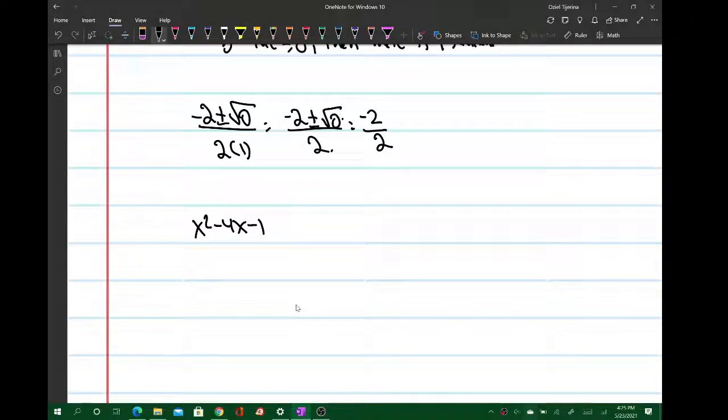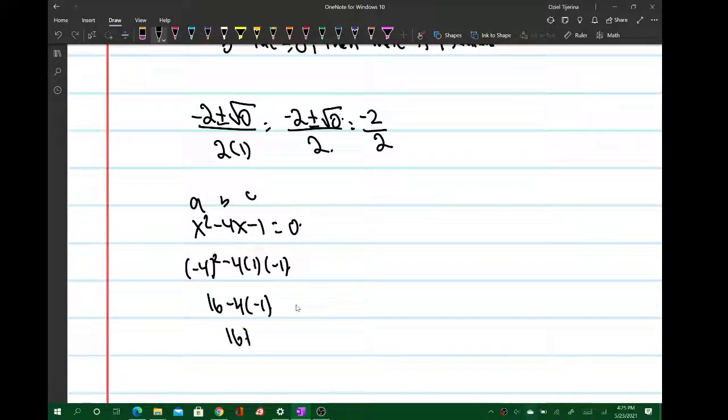I went over this in my college algebra playlist, so that's why I'm going over this extremely quickly. If we do b squared minus 4ac for this one, we have negative 4 squared minus 4 times 1 times negative 1. I get 16 minus 4 times negative 1. This is 16 plus 4, which is 20. Because the discriminant is greater than 0, there will be 2 real solutions.